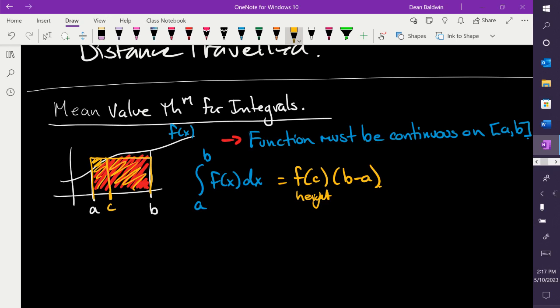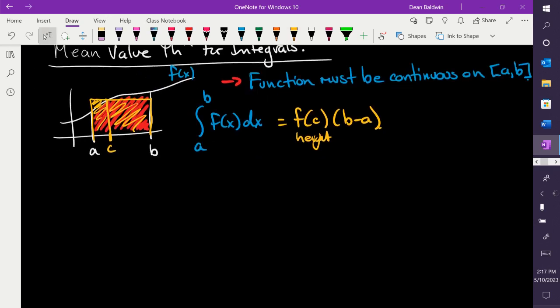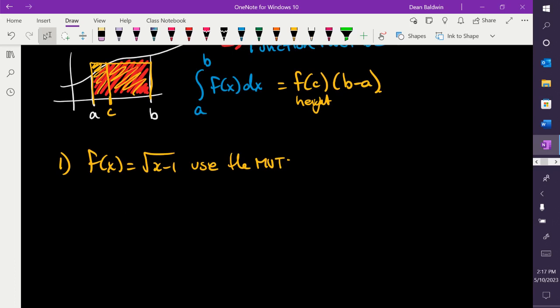Okay? So the classic question is, if f of x is equal to root x minus 1, use the MVT, the mean value theorem, on the domain 1 to 10 to find c.